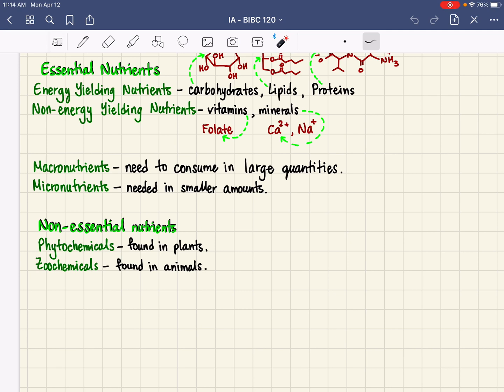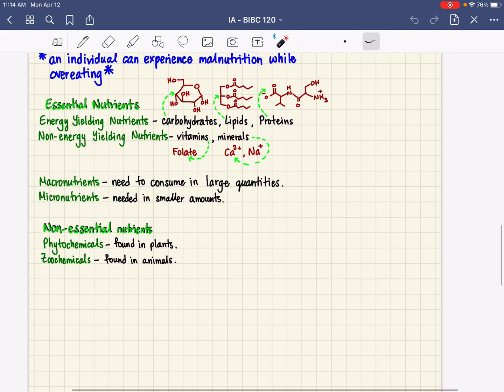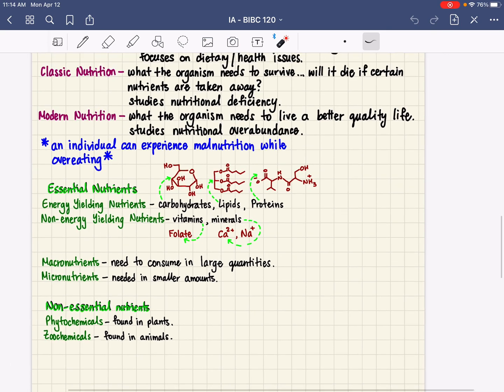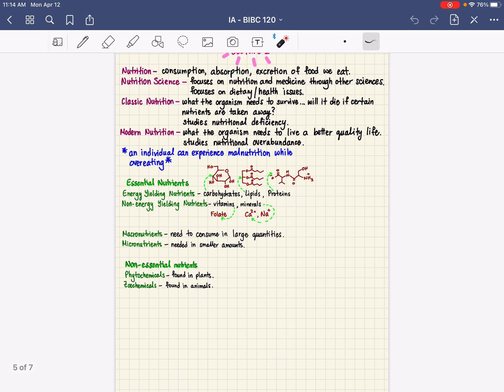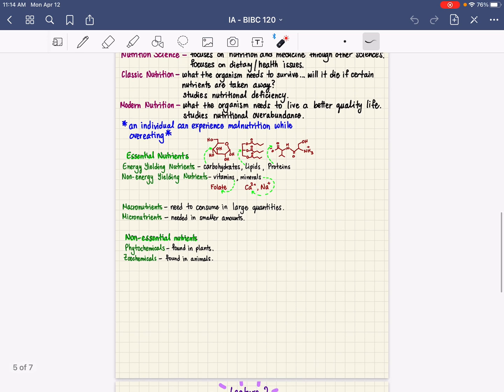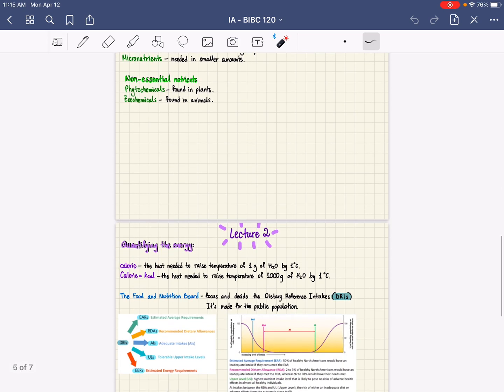An example of phytochemicals that we talked about in class was a cup of coffee. A cup of coffee can have about 1,000 different molecules of phytochemicals. And that was pretty much it for Lecture 1, just a general overview of what nutrition is and different types of essential and non-essential nutrients.